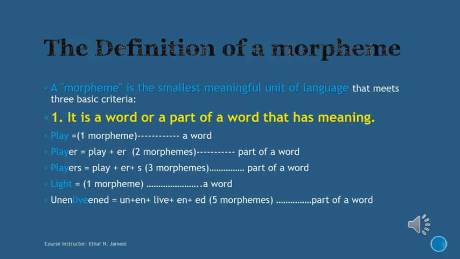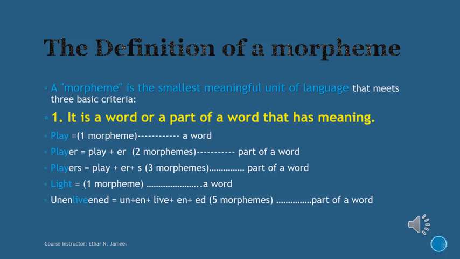Play here is part of the word players, er is part of the word players, and s is part of the word players. So each one of them is called a morpheme because it has a meaning and it is part of the word players.